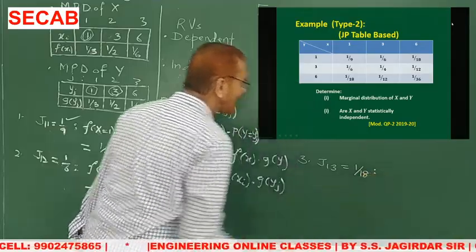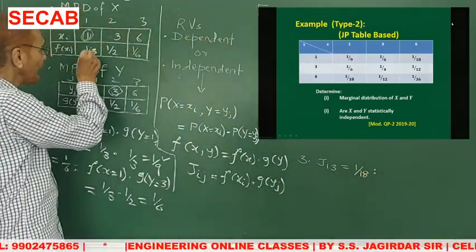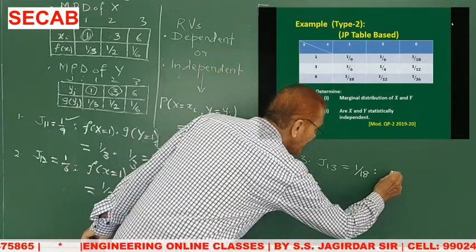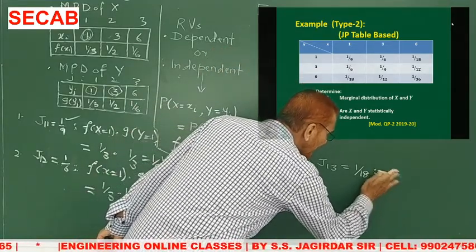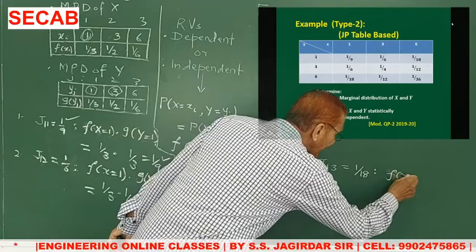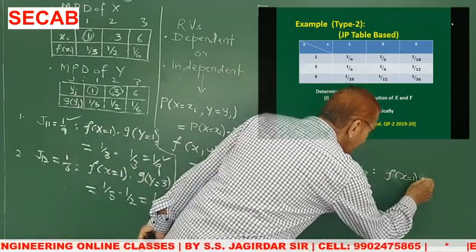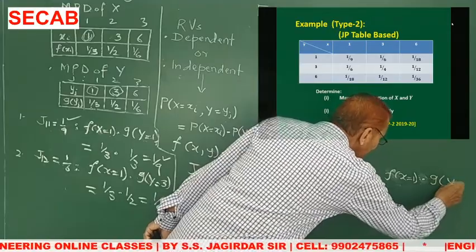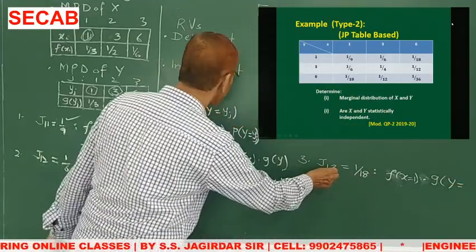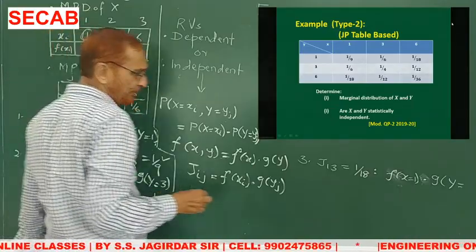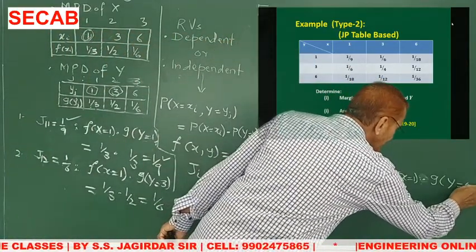Yes, now we will check through this. I will take when f of x is equal to 1 into g of y, and now we are taking the third value. What is the third value here? The third value is 6, so y is equal to 6.